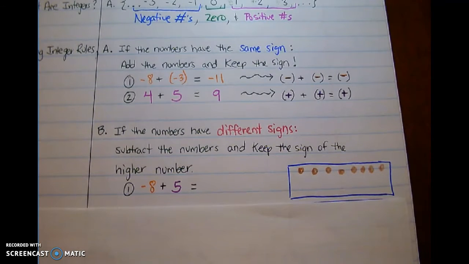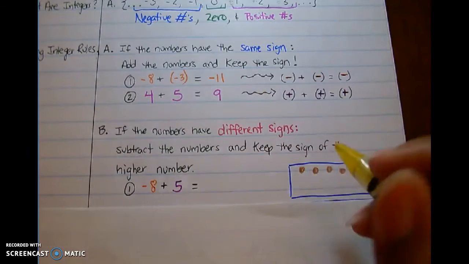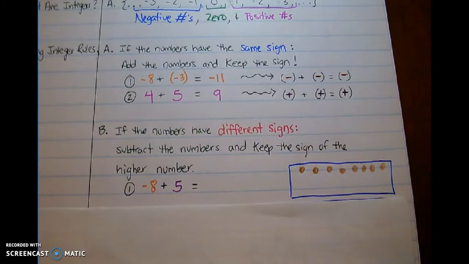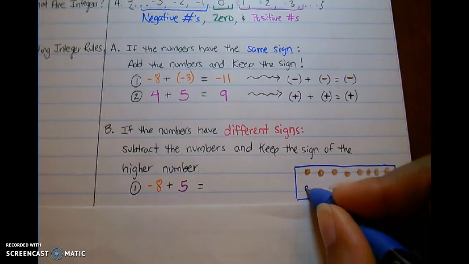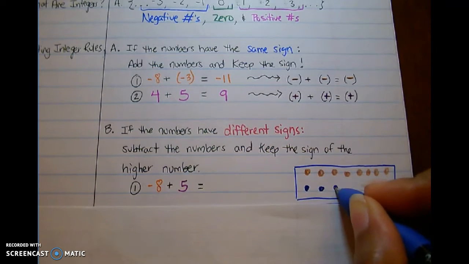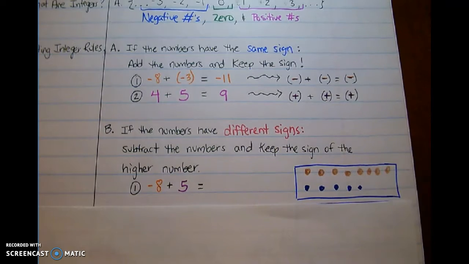Okay? And then I'm going to put 5, I'll use my blue. I'll put 5 blue dots to signify our +5. 1, 2, 3, 4, 5. Okay? Now the rule says that if I have different signs, I need to subtract the numbers and keep the sign of the higher number.